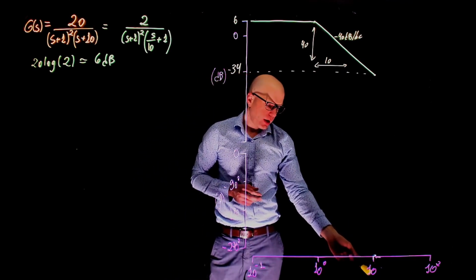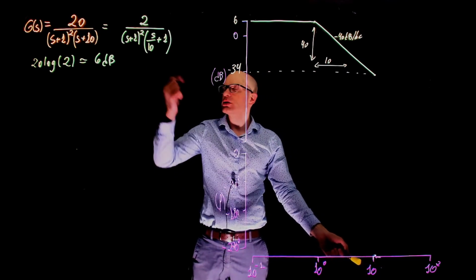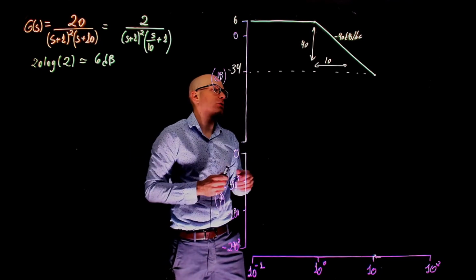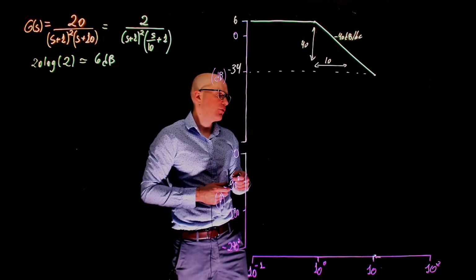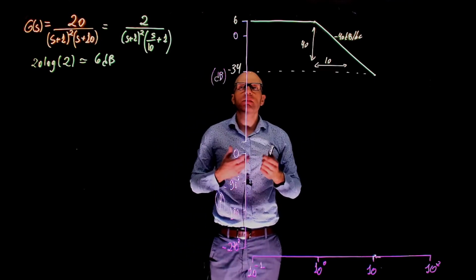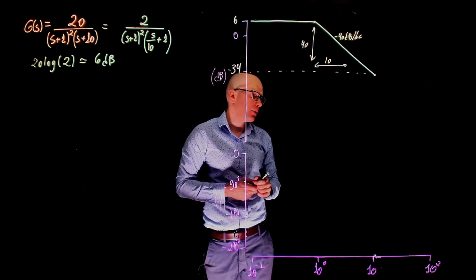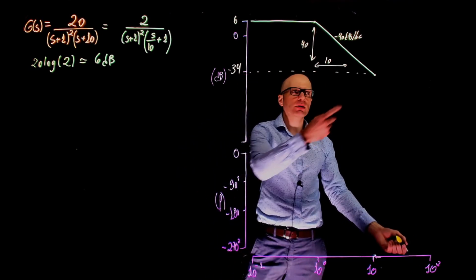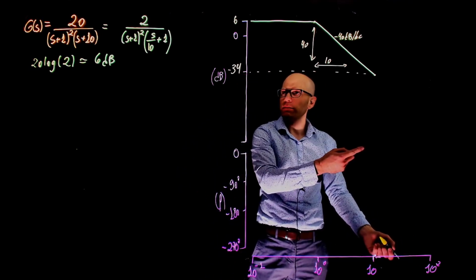When we are now at 10, here is another cutoff frequency. And this cutoff frequency comes from another pole. What happens? The pole adds negative 20 decibels per decade to the current slope, which is negative 40. So that becomes negative 60 dB per decade. Moving on by a factor of 10 in the frequency now makes the Bode plot go down by 60.